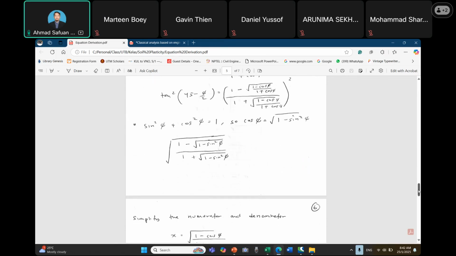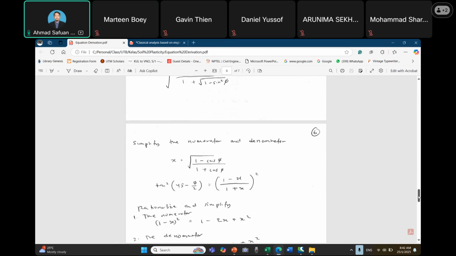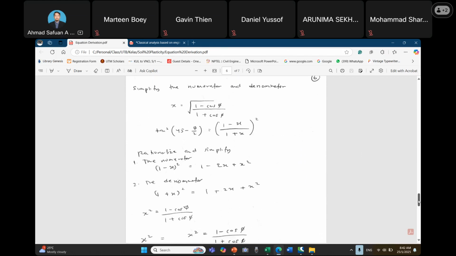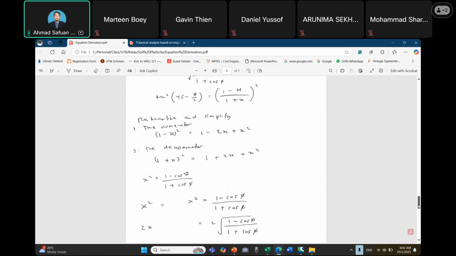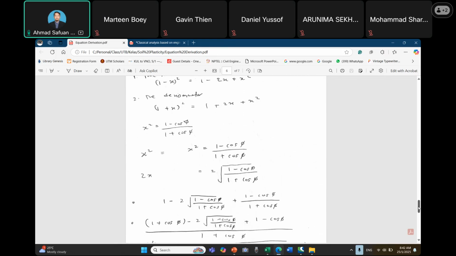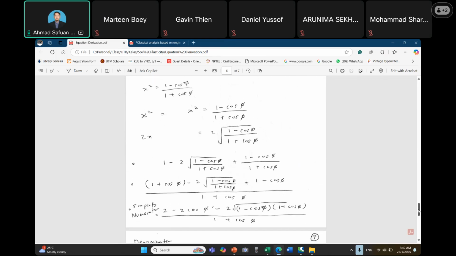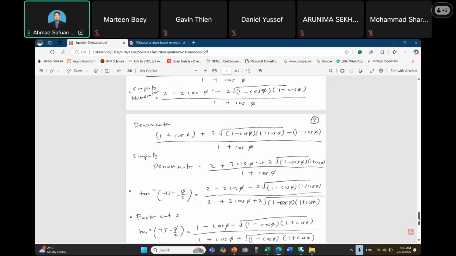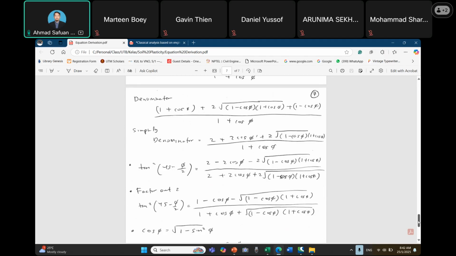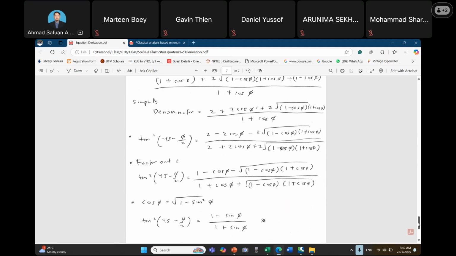It is a very long derivation, until I have proved that tangent squared of 45 minus phi over 2 is equal to 1 minus sine phi over 1 plus sine phi.